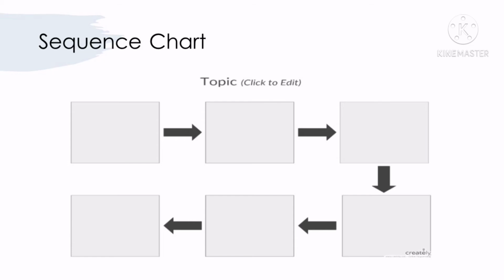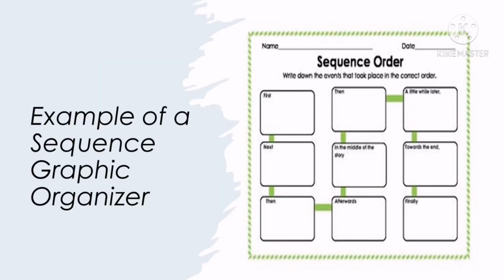The only difference is that a timeline is focused on events, whereas the sequence chart is focused more on steps. Now, let's look at an example of a sequence graphic organizer.